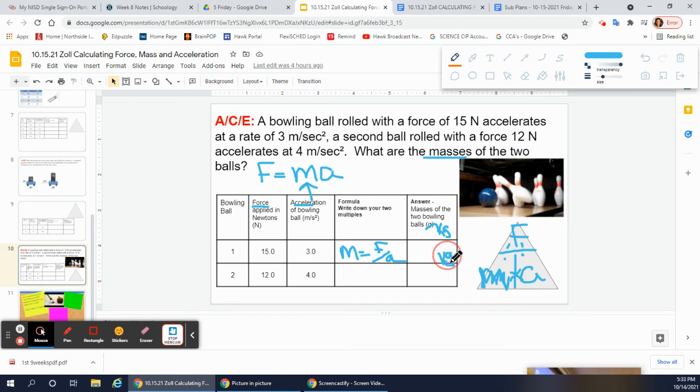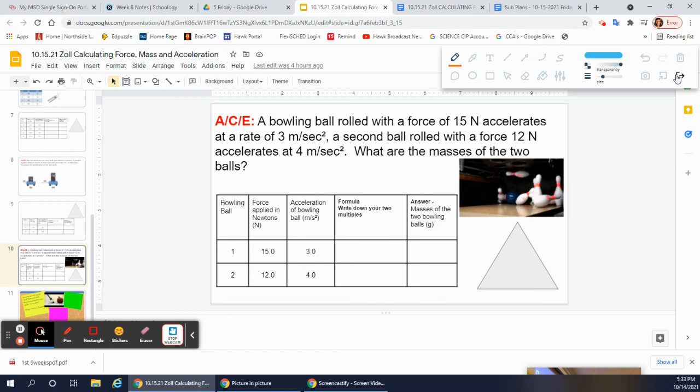So make sure you have kilograms for each of that mass unit. Here it's the same formula, mass equals force divided by acceleration. Plug in your numbers. I will give you guys a few minutes to do that.